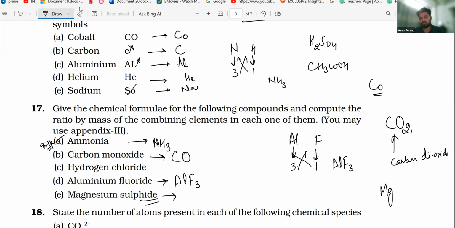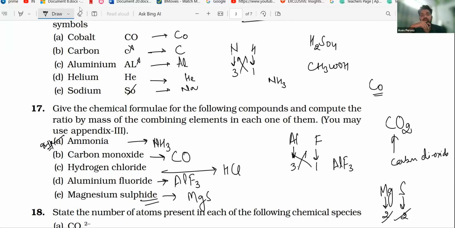Magnesium is 2 and sulfide is also 2. They will cancel out each other. So what's the formula? MgS. You understood? What's the formula of hydrogen chloride? HCl. Very good, because both are going to have valency 1.